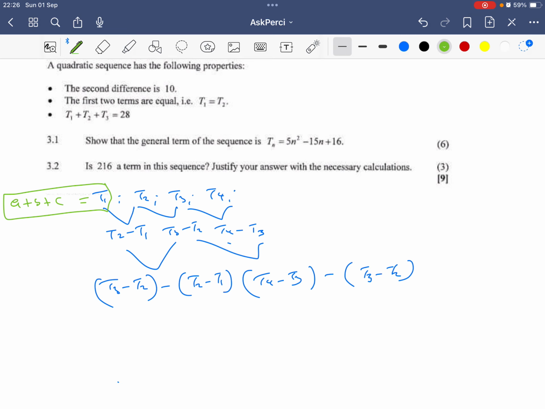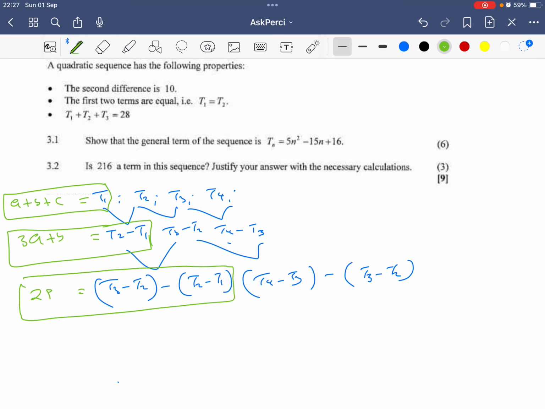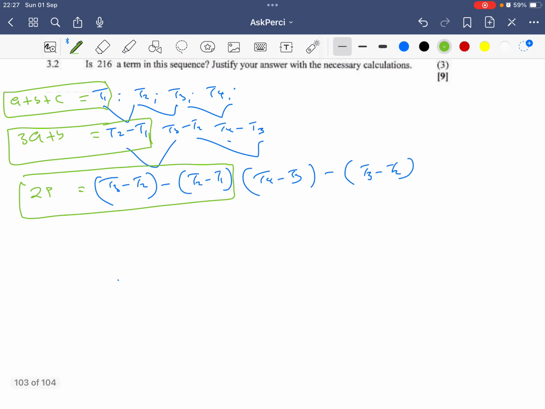And the first term of the first difference is equal to 3A plus B. And the first term of the second difference is equal to 2A. So you need to remember this information.